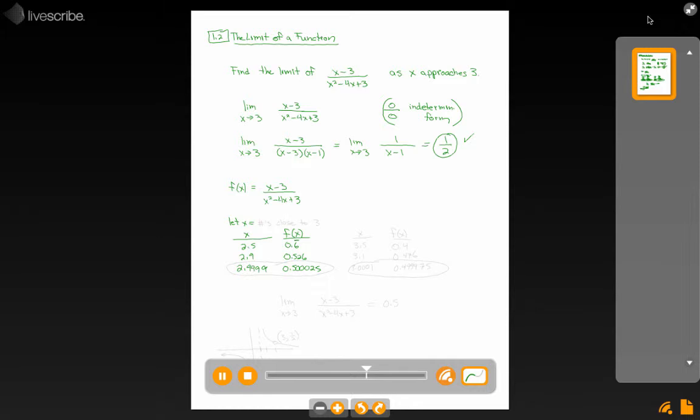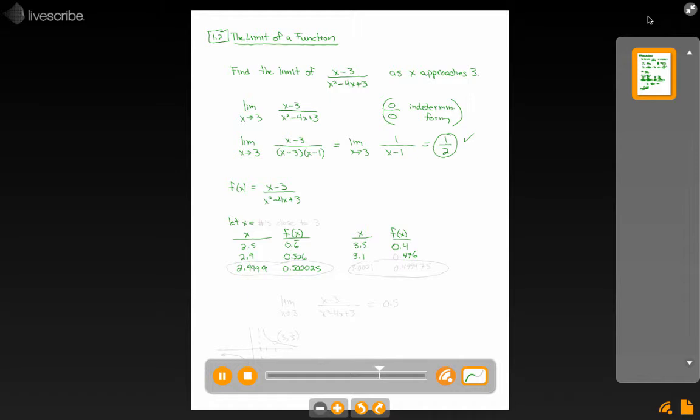Now those are all numbers that were just smaller than 3, so let's try some numbers that are just bigger than 3. So for example, if I were to put in 3.5, well, what does this function equal when I put in 3.5? And I get 0.4 exactly. Now if I tried something even closer to 3, like 3.1, again, 1/10 the way, I get something like 0.476 decimal.